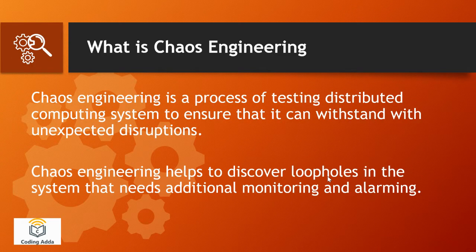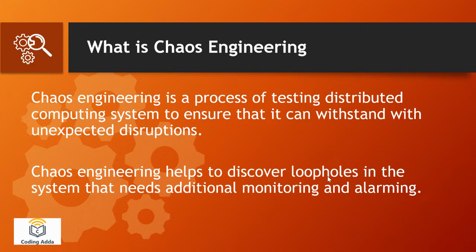So, before jumping into AWS FIS, let's understand what chaos engineering is, right? Chaos engineering is basically a process of testing a distributed computing system to ensure that it can withstand unexpected disruption. So basically, let's take an example. We have one distributed system, right?